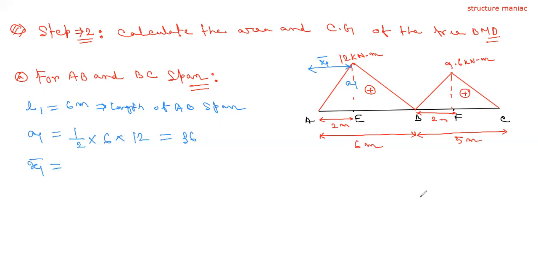So what will be the x1 bar? It's a triangle. Say for better understanding, say this one is A, this one is B, and the total base length is L. Then CG from A will be A plus L by 3, and CG from B will be B plus L by 3.